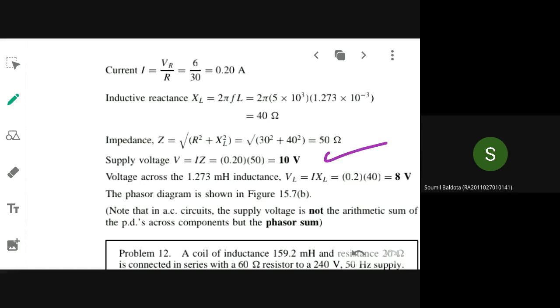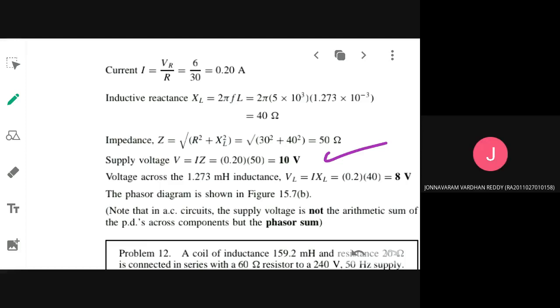Then you have to draw the phasor diagram also. Finish drawing the phasor diagram. There will be an inductor and there will be a resistor at 90 degrees. Have they asked you to find out the phase angle also?